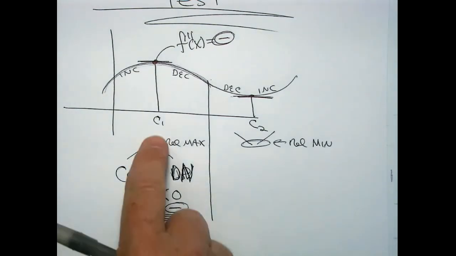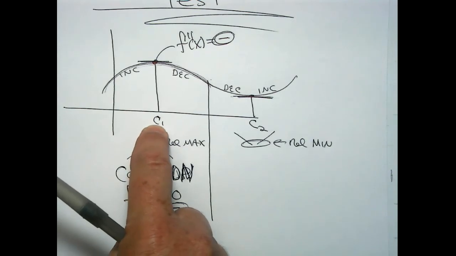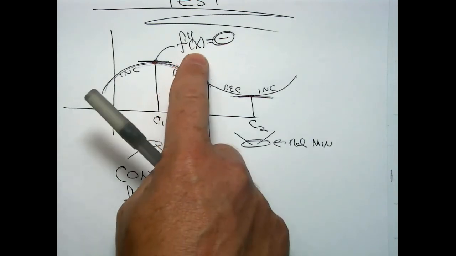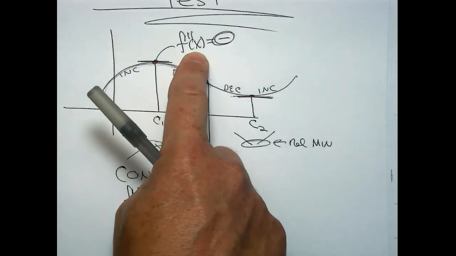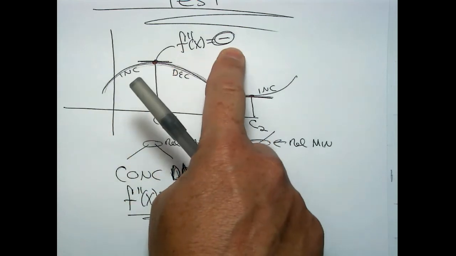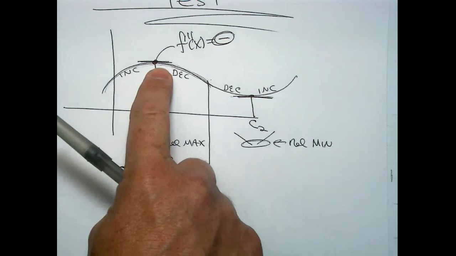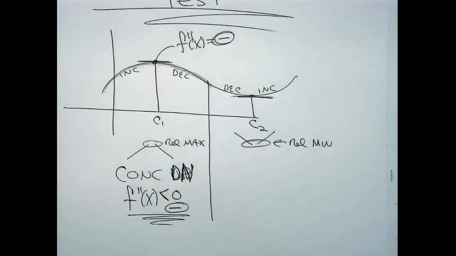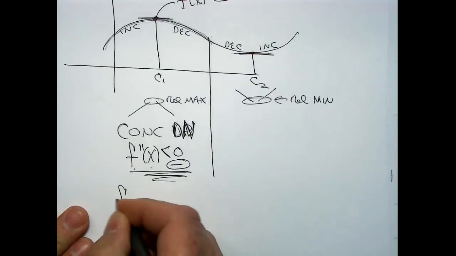So if we were to just get our critical numbers and simply feed the critical numbers into the second derivative, and the result came out negative, we should know what kind of critical number we have. So we sample the second derivative at our critical number.